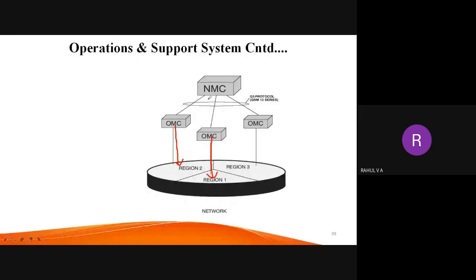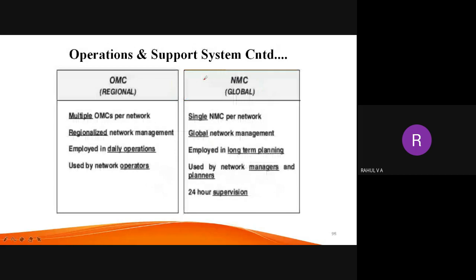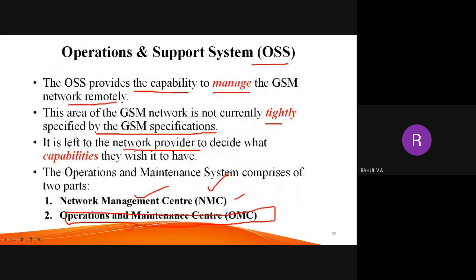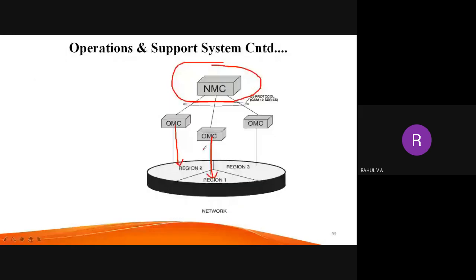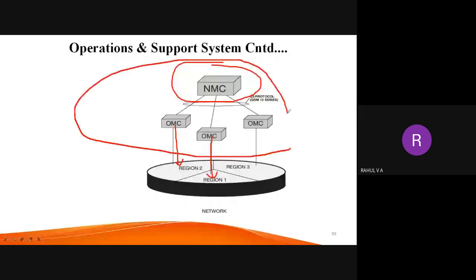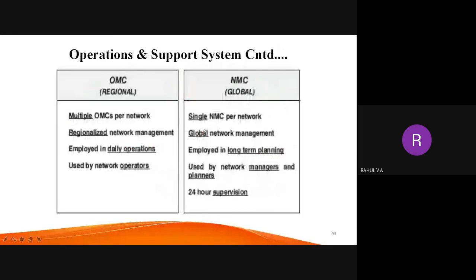These OMCs are controlled by the NMC, Network Management Center. So all regions are controlled by OMCs and all OMCs are controlled by the NMC. There will be multiple OMCs per network, but only a single NMC per network.